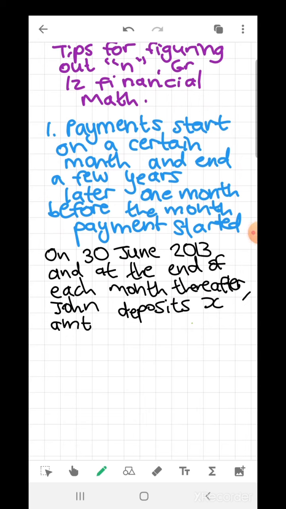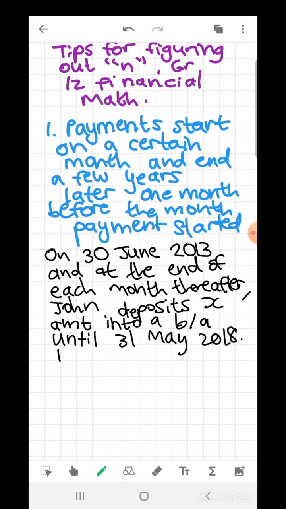I'm just writing AMT. I'm not giving it a figure because I don't want you to worry about too many numbers. We're just worrying about N. So you deposit X amount into a bank account, I'm just writing BA, until 31 May 2018. How many payments were made?